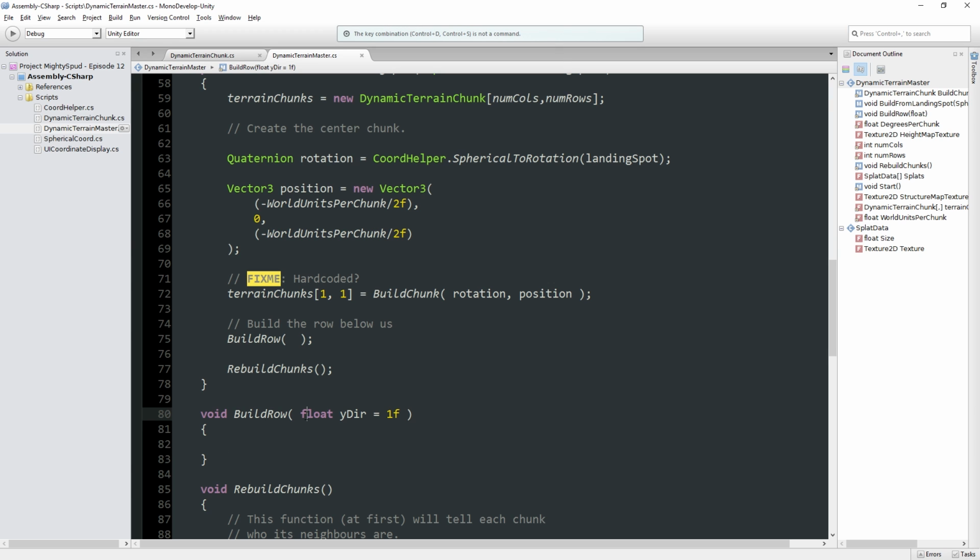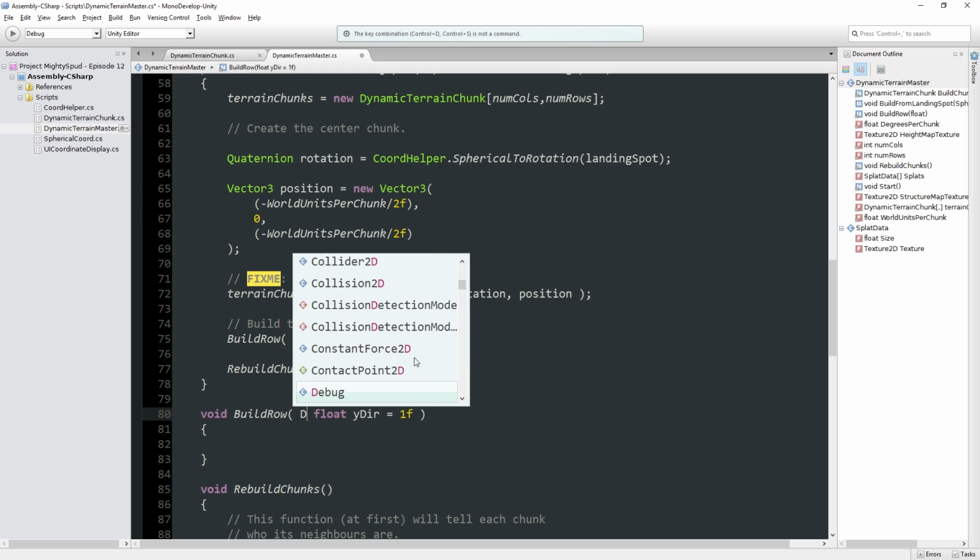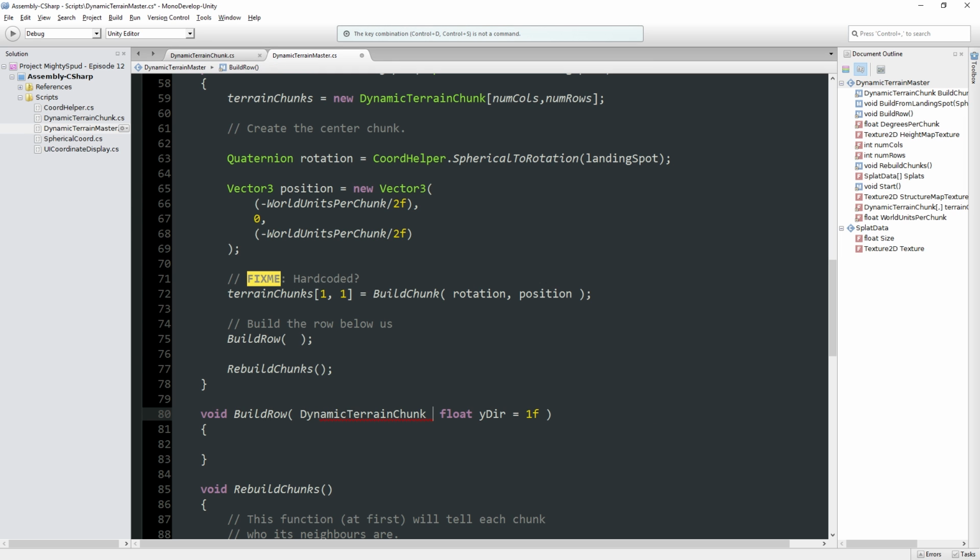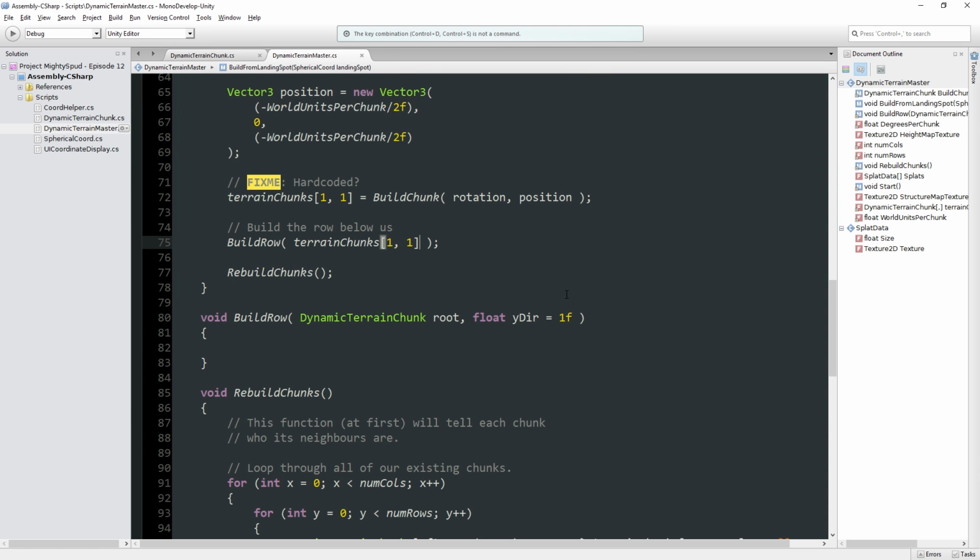I think build row should actually have a dynamic terrain chunk, like root. This is the root object that we're going to use for this new row. So we should pass that in here. In other words, we're going to pass this center chunk like that.